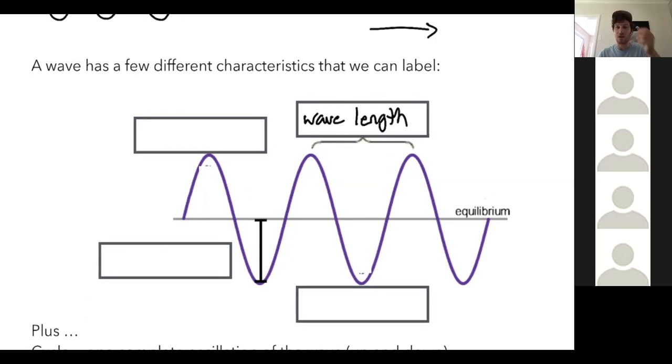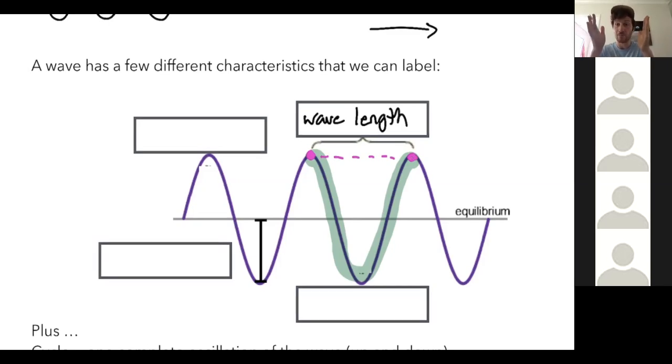It goes from one point to another because waves repeat. If we look at the top of the wave, we want to get right back to the same spot. So this goes all the way down, all the way back up to exactly the same point that it was, and that is one single wavelength.